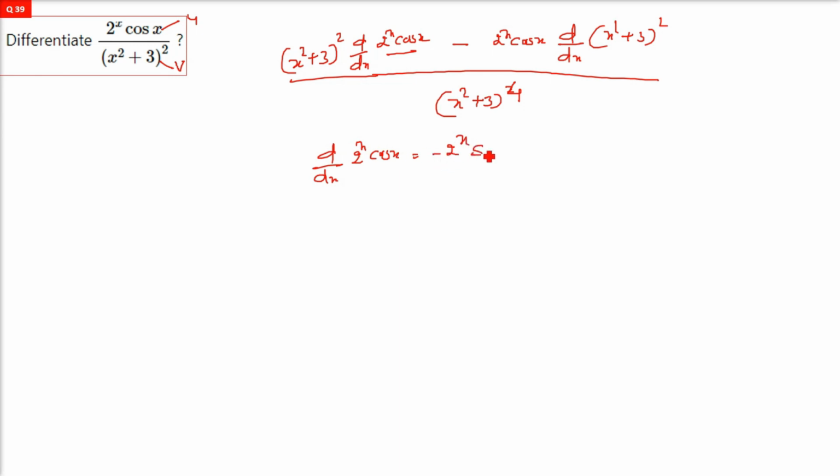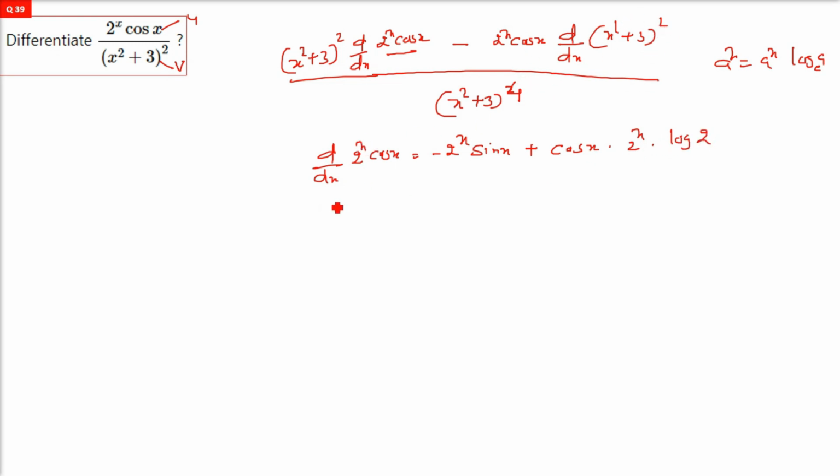So for cos x it is minus sin x, and then we have a cos x. 2 to the power x: a to the power x differentiation is a to the power x log base e a. So this is 2 to the power x log base e 2, and then we have 2.